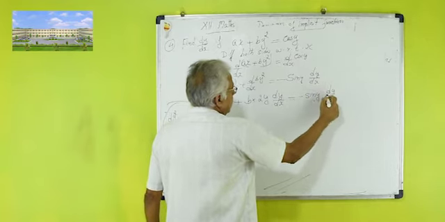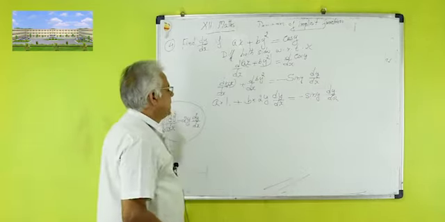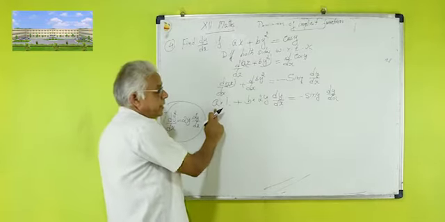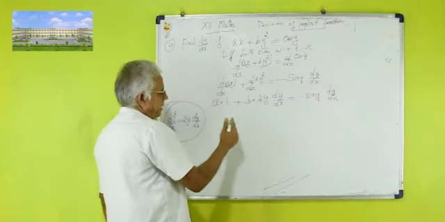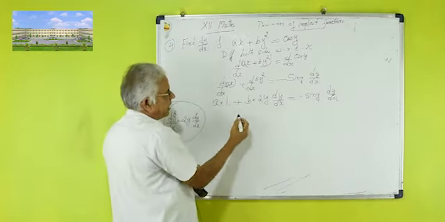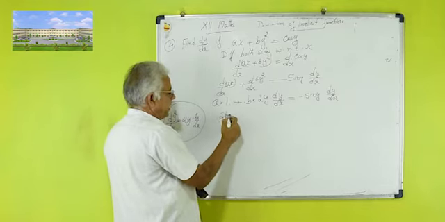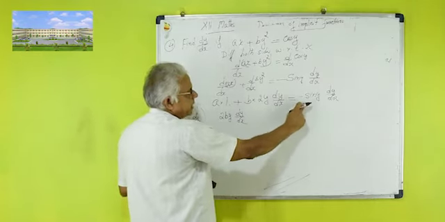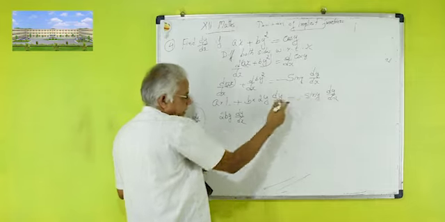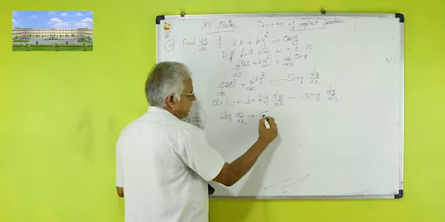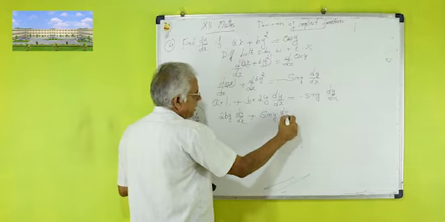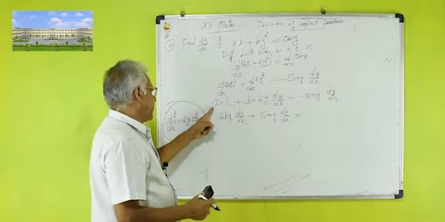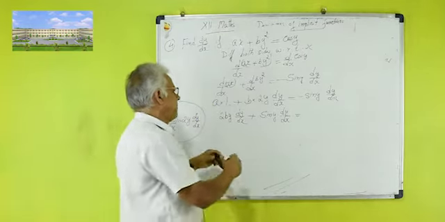into dy by dx. Take the dy by dx terms on the left side. a into 1 is a constant, take it to the right side. Then here we get 2by into dy by dx minus sin y into dy by dx. Take it to the left side, positive sin y into dy by dx is equal to minus a, since the term without dy by dx was positive a.